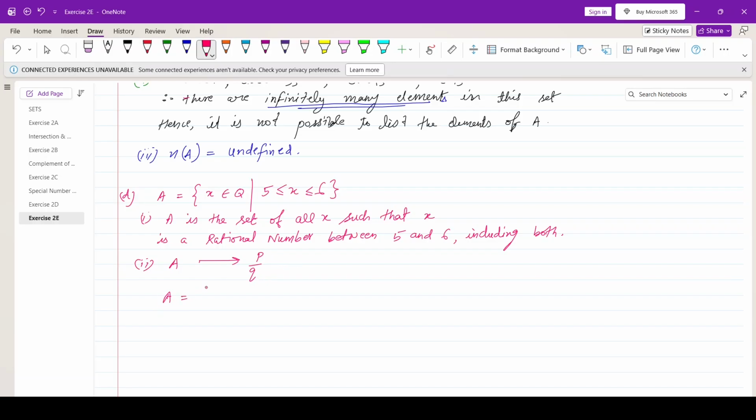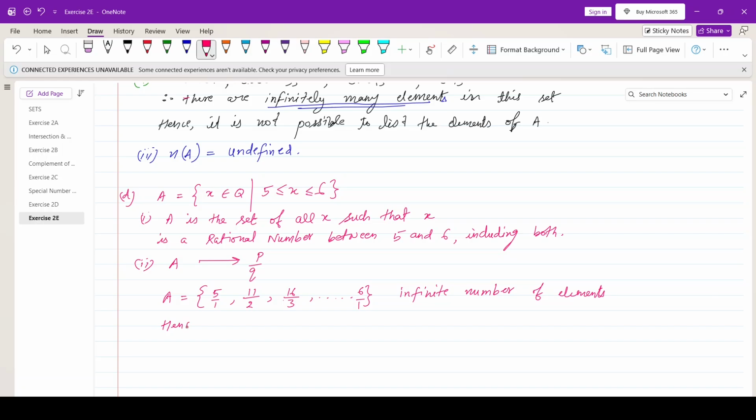Therefore, we can say A is the set containing 5 divided by 1, 11 divided by 2, 16 divided by 3, and so on, infinite number of elements, as long as the number is between 5 and 6, till 6 divided by 1.